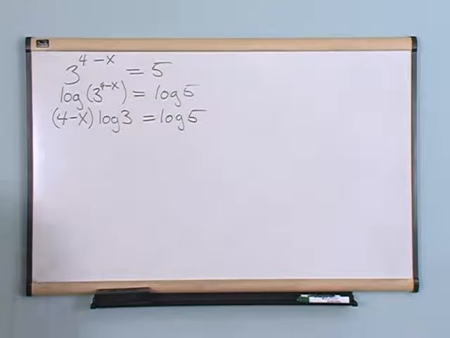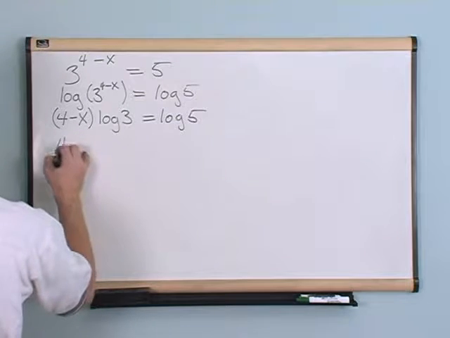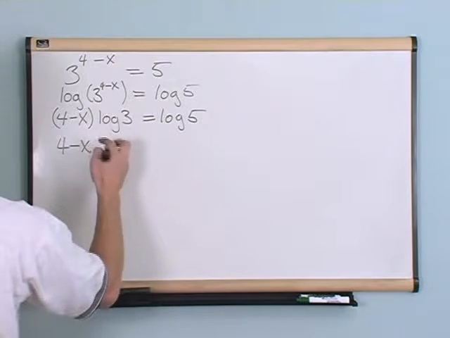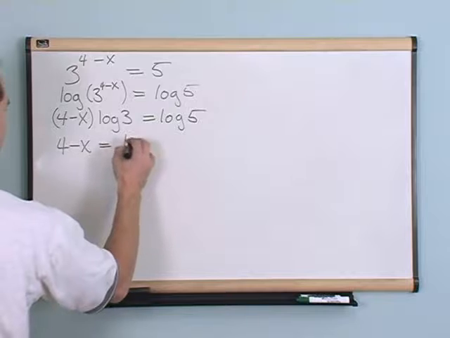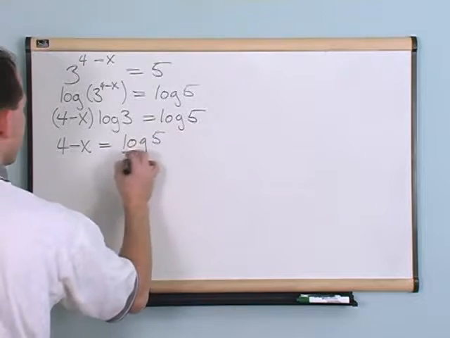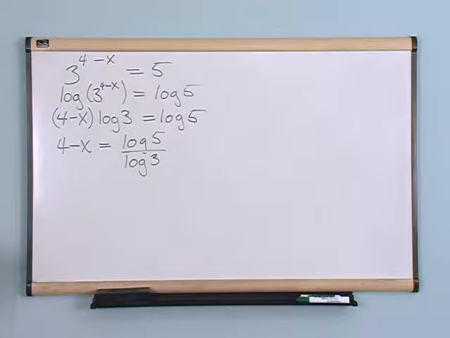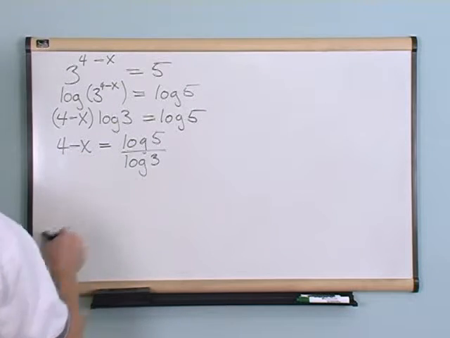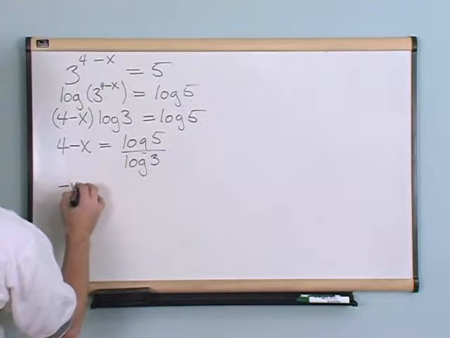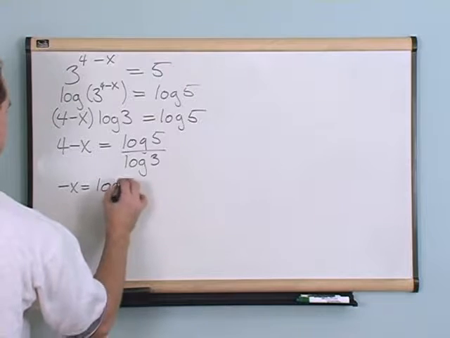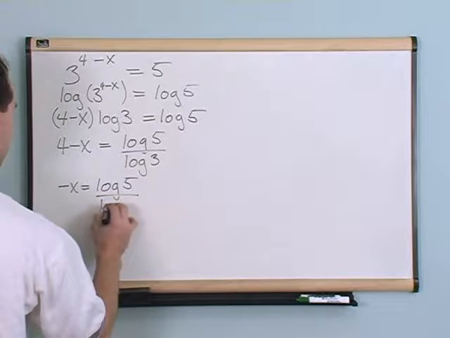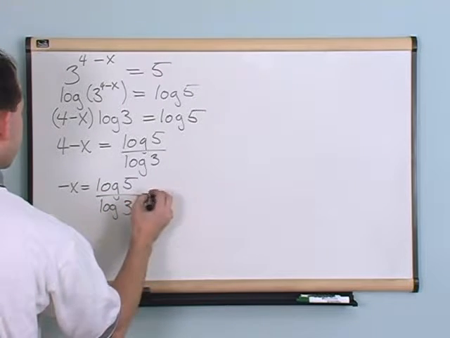Okay, so I can say 4 minus x, I'm going to divide both sides by log of 3, is log 5 over log 3. And again, I'm solving for x, so I can move the 4 over here. So I'm going to have negative x equals log 5 over log 3 minus 4.